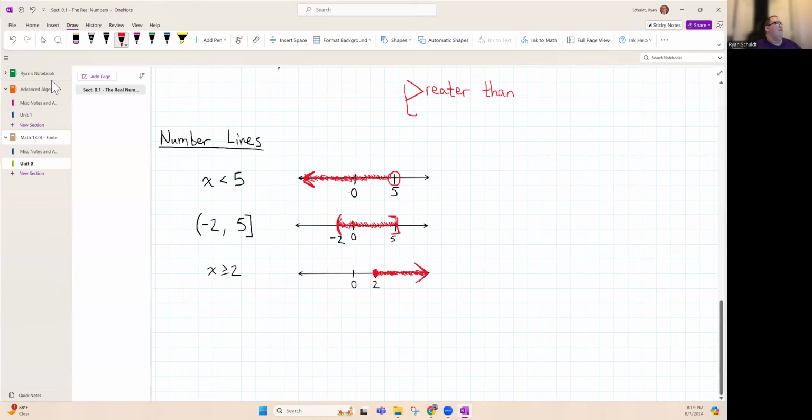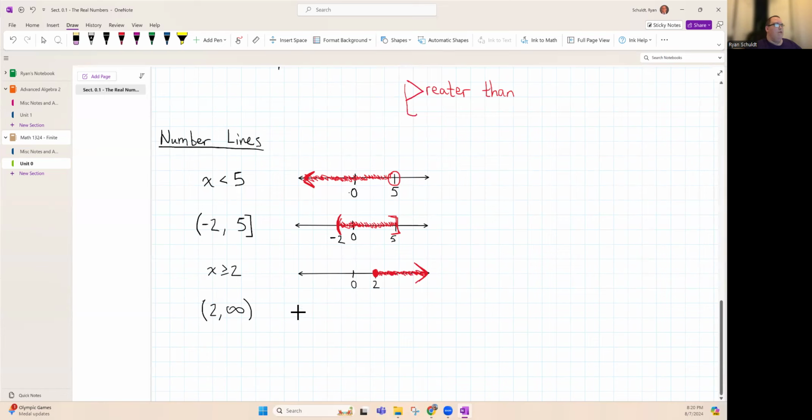And then the last number line example, let's say we go to infinity, but we do like 2 to infinity. Something like this. It looks like it's the same thing, but now we're using parentheses and brackets versus the normal inequality symbols.